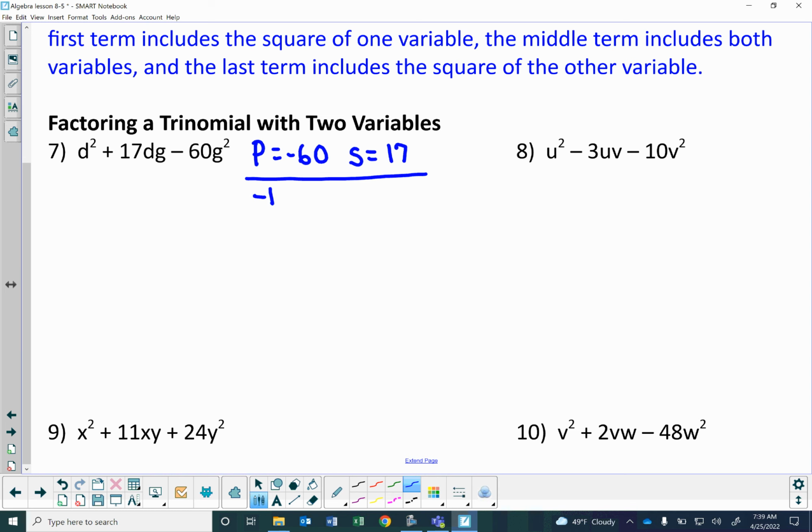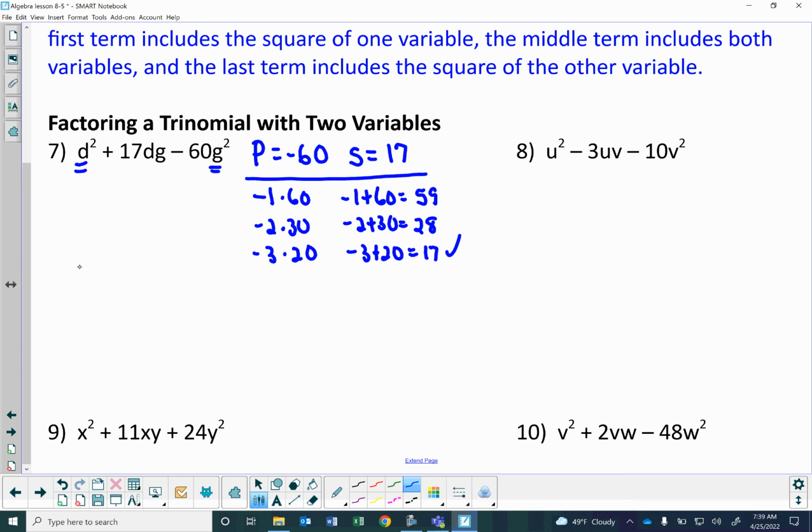So negative 1 times 60, negative 1 plus 60 is 59. Negative 2 times 30, negative 2 plus 30 is 28. Negative 3 times 20, negative 3 plus 20 is positive 17. So there we go. I've got my factors. So now I need to pay attention to both the d and the g.